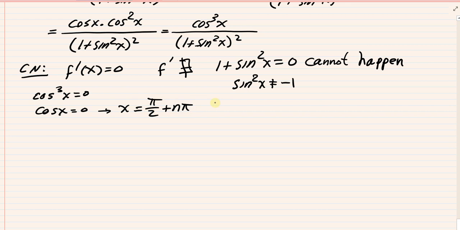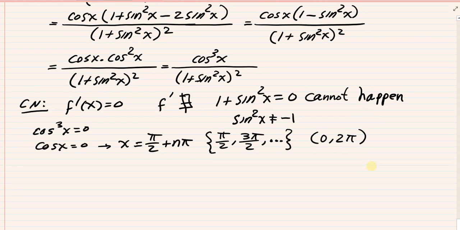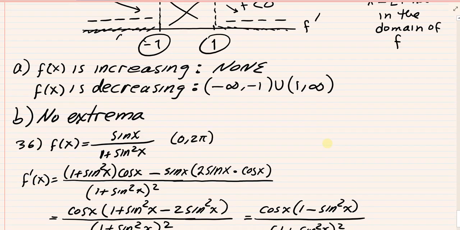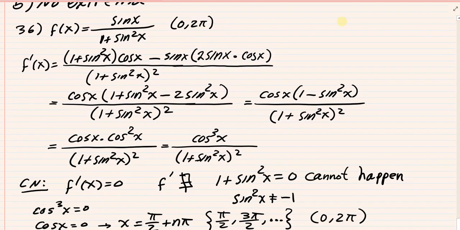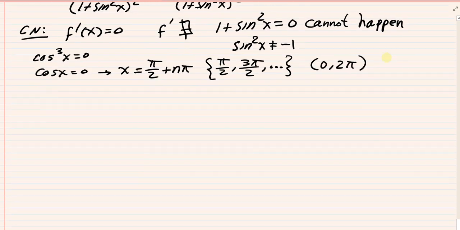Now our focus is on 0 to 2 pi, remember that we were given that in the beginning, right? There you go, 0 to 2 pi. So in that interval, the only zeros of the numerator of cosine are going to be pi over 2 and 3 pi over 2.